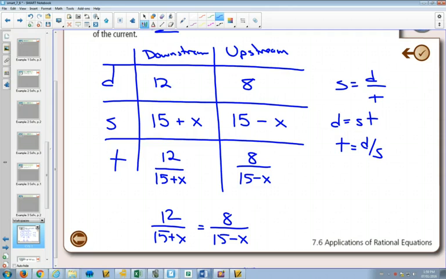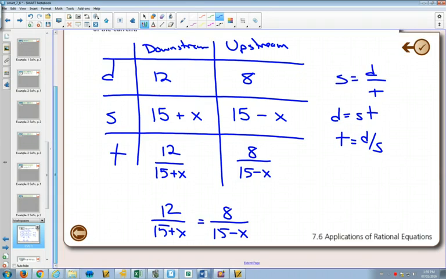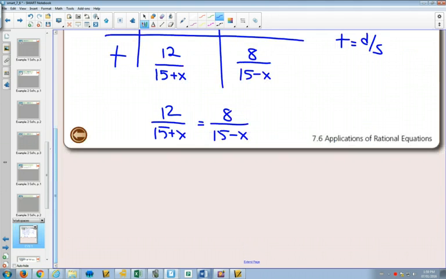So now we get into our strategies of either getting a common denominator, or in this case, since everything is factored already, if you wanted to use cross multiplication, you could. So we would have 12 times (15 minus x) equals 8 times (15 plus x).